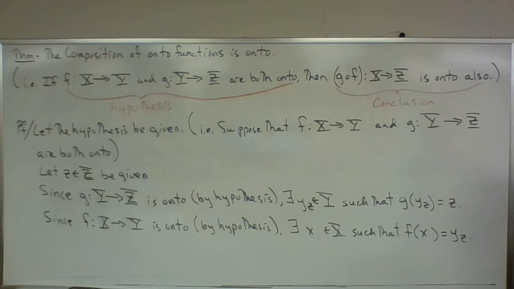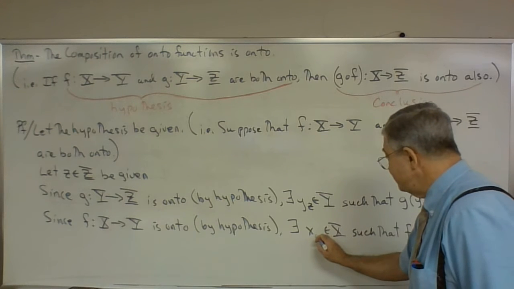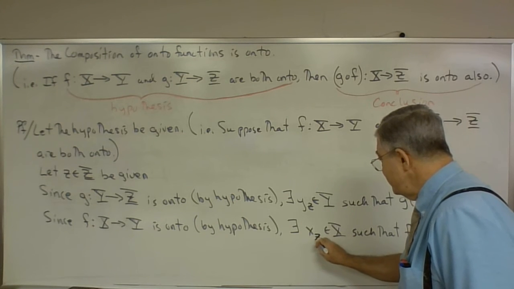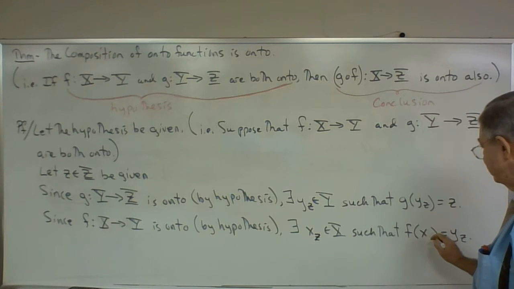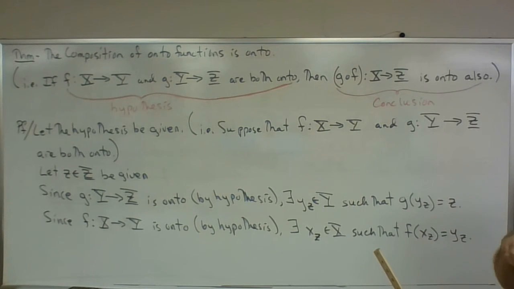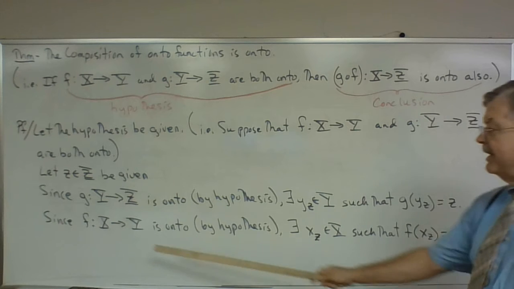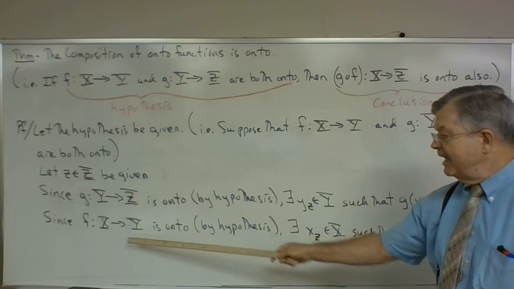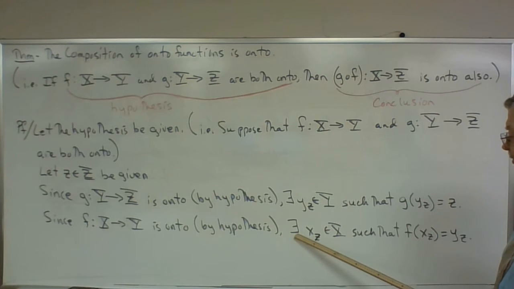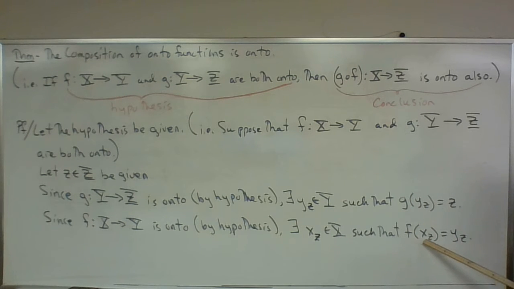And just to distinguish this element x from every other element x in set X, we'll call it x sub little z. So because f from X to Y is onto, there exists an element in X, we'll call it x sub z, such that f evaluated at x sub z equals y sub z.